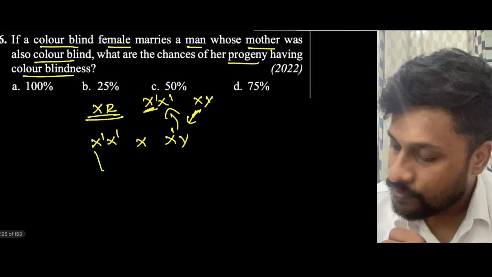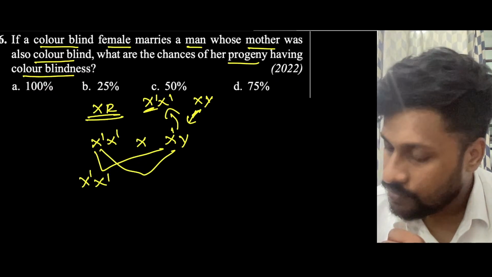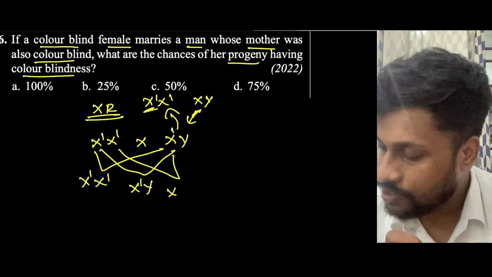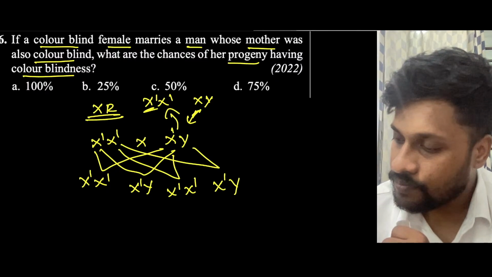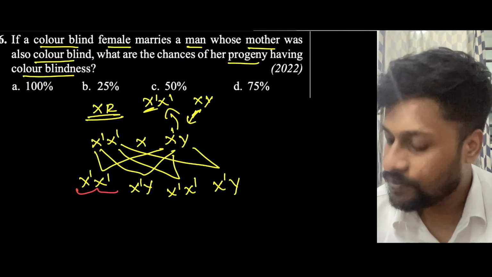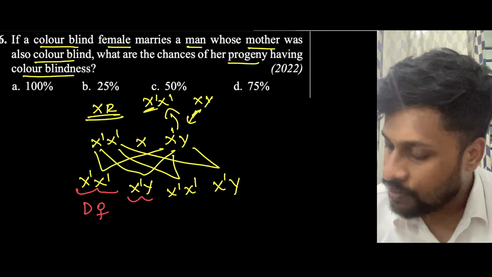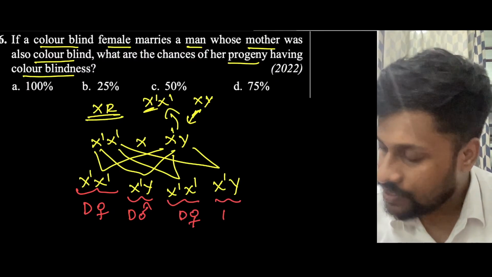X'X' with X'Y gives X'X', X'Y, X'X', X'Y. Now, what will be there here? X' means diseased female, this one diseased male, this one diseased female, diseased male.